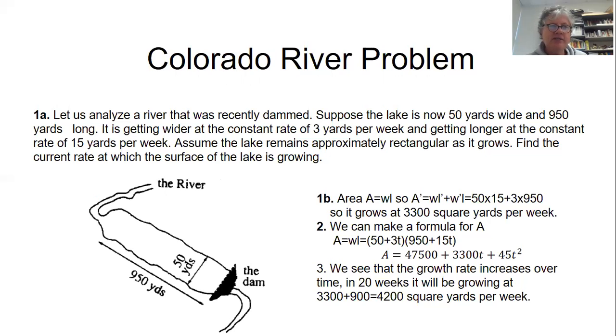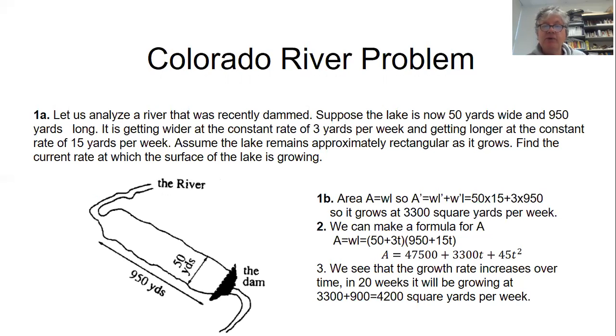Okay, so what is the current rate at which the surface of the lake is growing? Well, area is width times length. So the derivative of area is width times the derivative of length plus the derivative of width times length. So we plug in our numbers and we see that it's growing at 3,300 square yards per week.